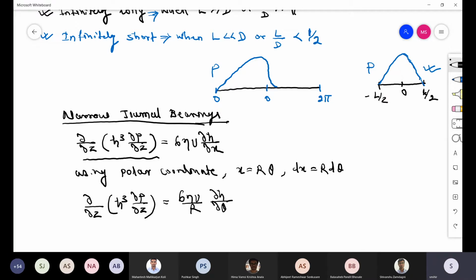Now here, what is h? h is a function of theta, which we calculated in the last class: h equals c times 1 plus epsilon cos theta. Epsilon is the eccentricity ratio, e by c.